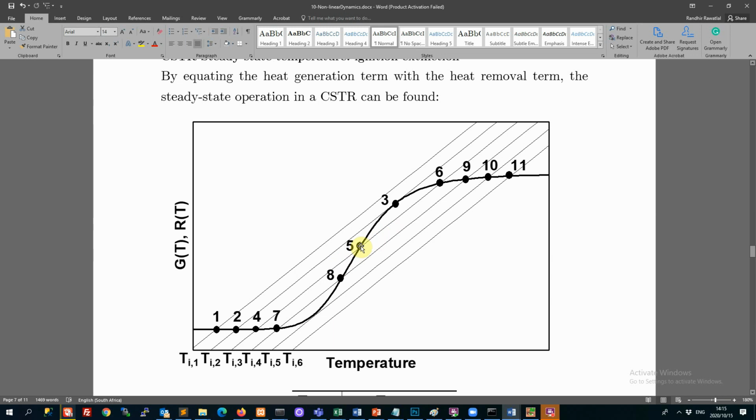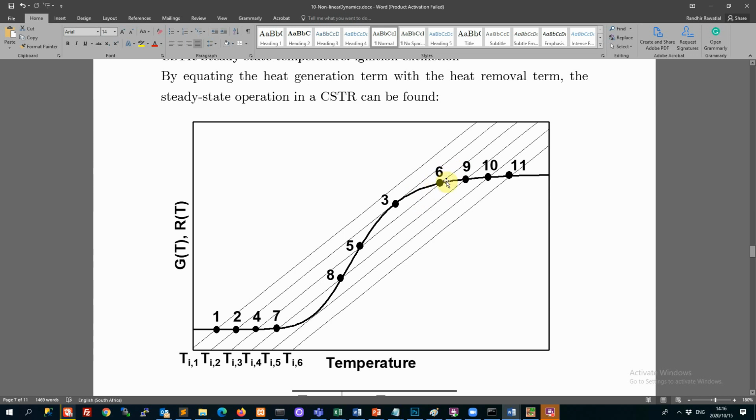Now, as your system runs away, you can see again a stable steady state here. If you go above the temperature here, your removal rate goes higher than your generation rate and you fall back here. If your temperature somehow goes below this, then the system moves so that the heat removal rate is less than the heat generation rate, and it will rise again.